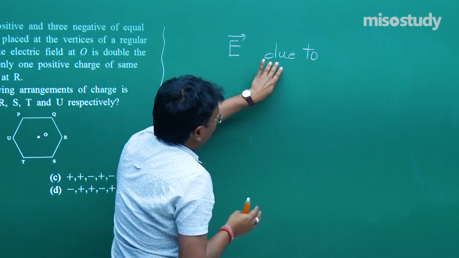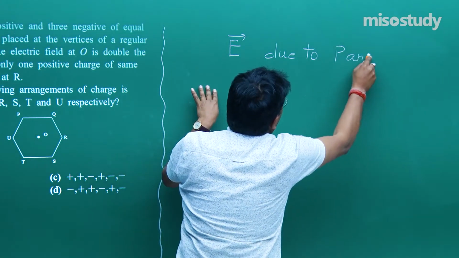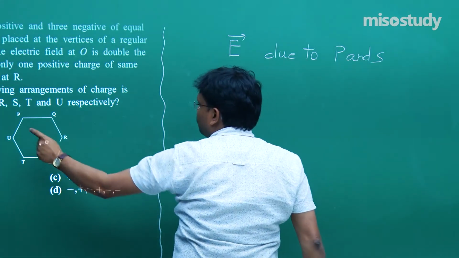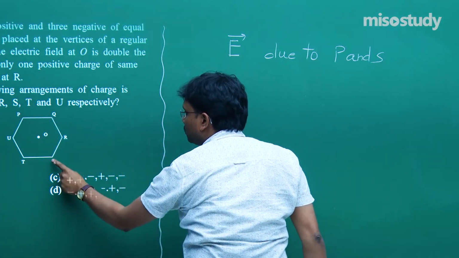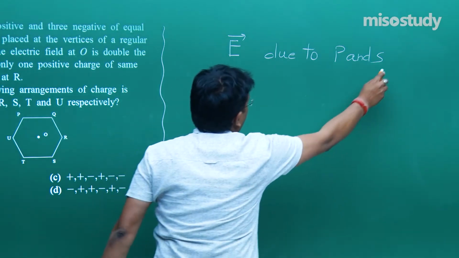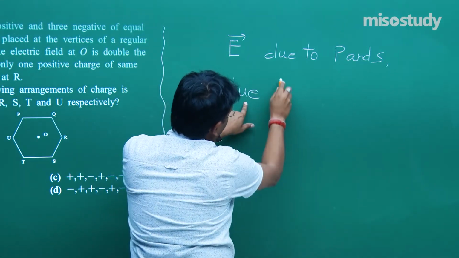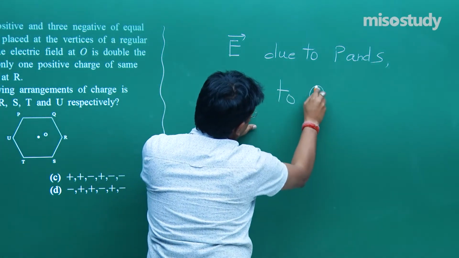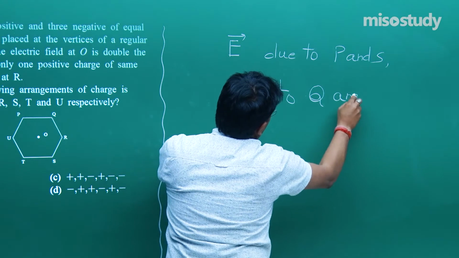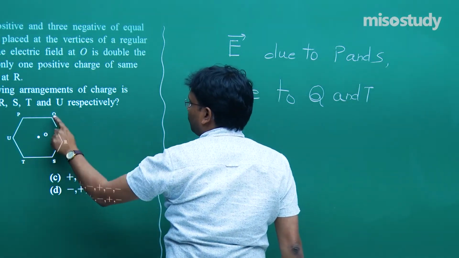Now E due to P and S means this point and this point. So E due to P and S, comma, due to, listen properly, due to Q and T. Q, T, opposite points.